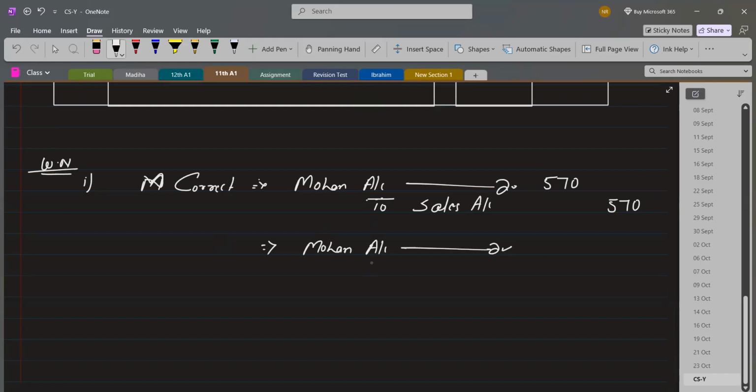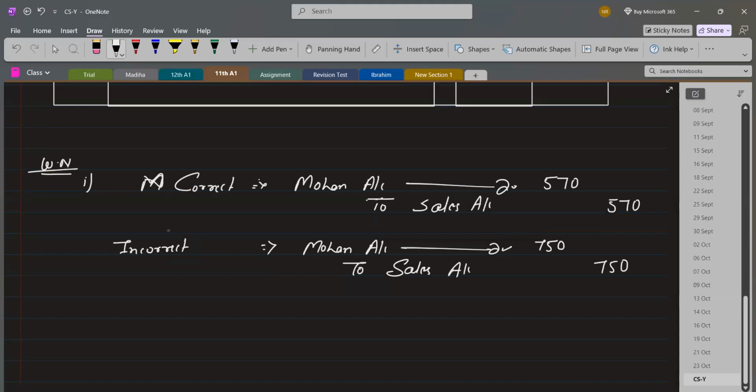Just the amount is different. To sales account 750, incorrect one. Okay. So there is no difference in entry.